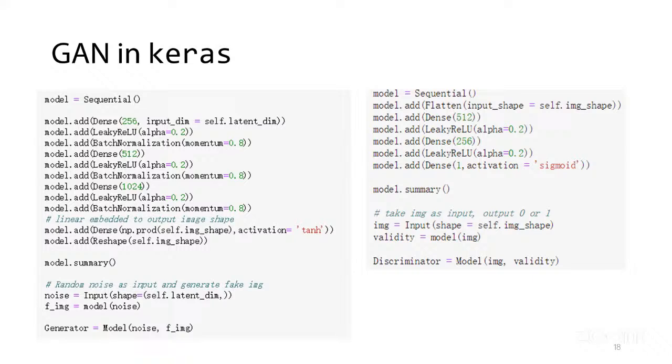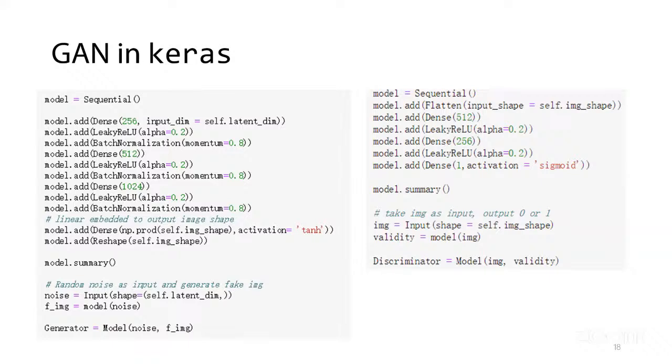And then we have batch normalization. That's something we learned already. And that is one block, and that block repeats 3 times. So dense, leaky ReLU, batch norm, dense, leaky ReLU, batch norm, dense, leaky ReLU, batch norm, 3 times, and then finally, it generates an image as an output.